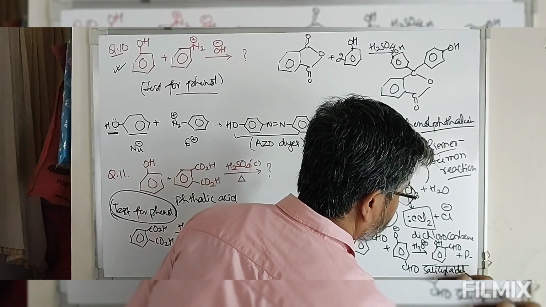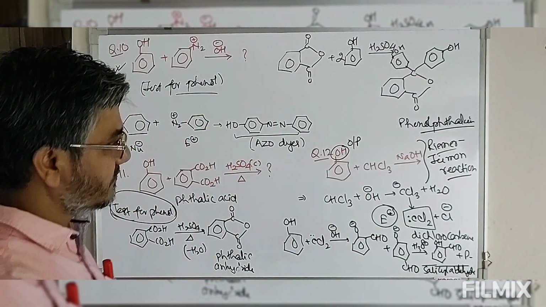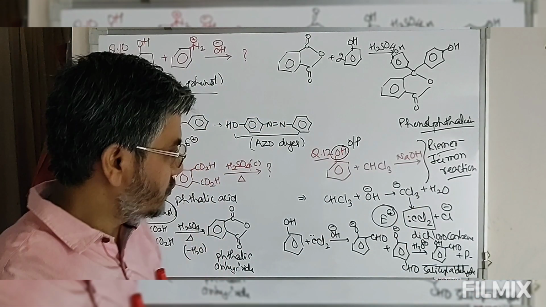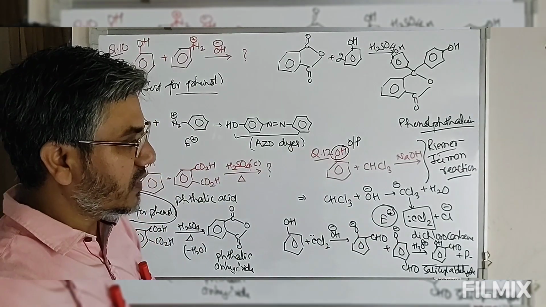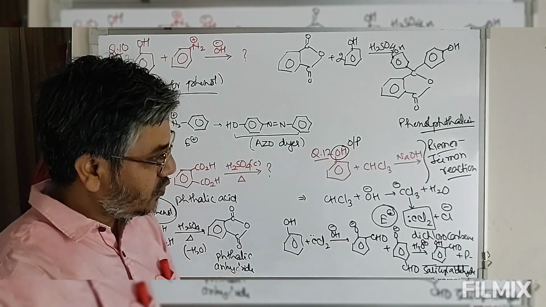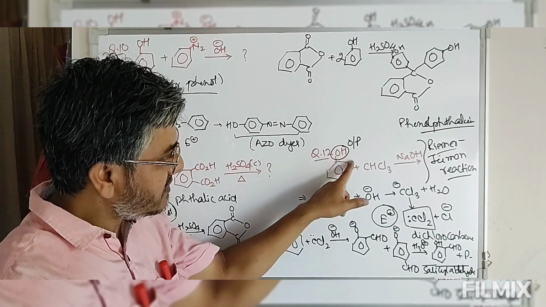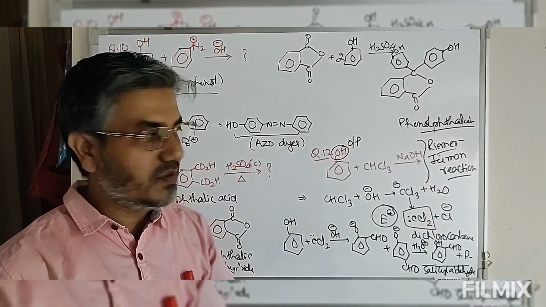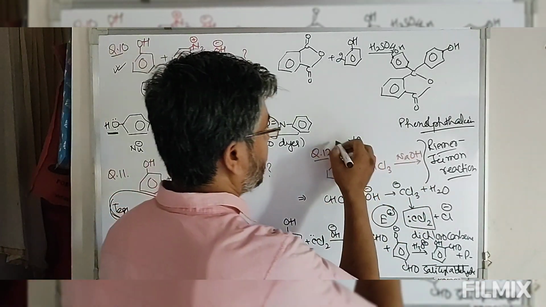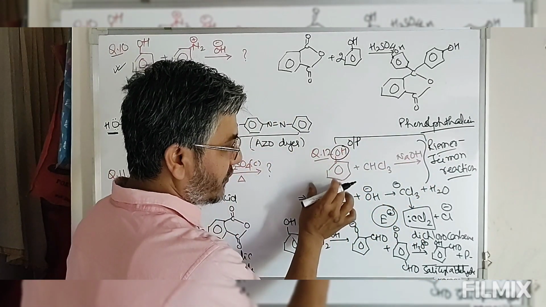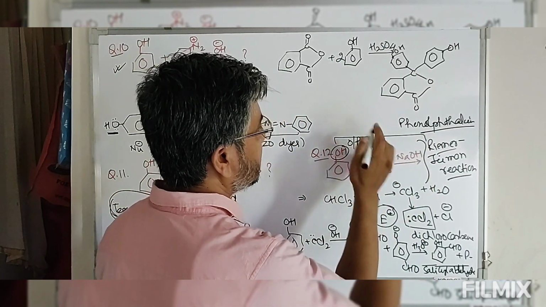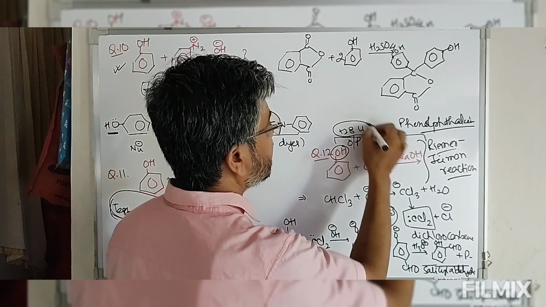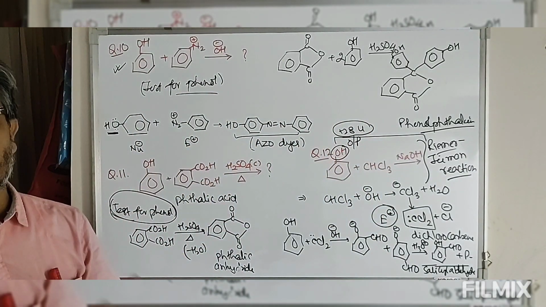If you look at salicylaldehyde, the starting compound is phenol, and in the final product a CHO group is introduced. Now what is the change in molar mass? We have replaced this hydrogen of benzene by C double bond O. So the mass of C double bond O is 28. So during this product formation, reaction of phenol with chloroform in presence of sodium hydroxide, there is an increase in mass by 28 mass units.